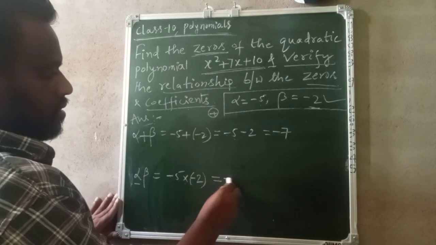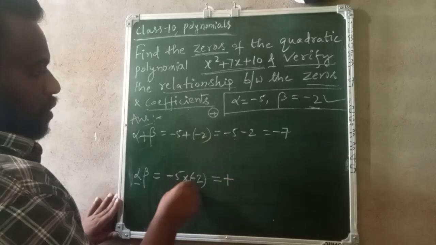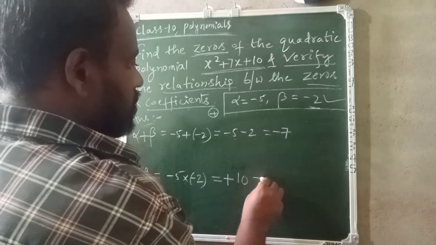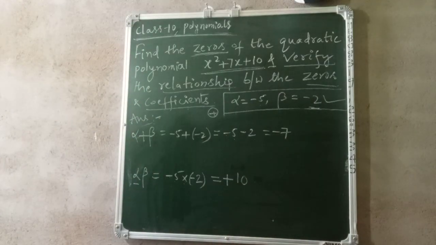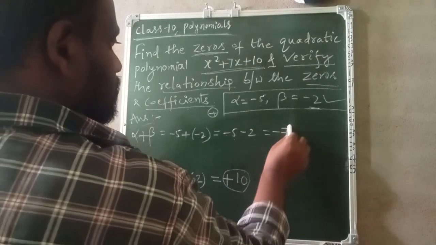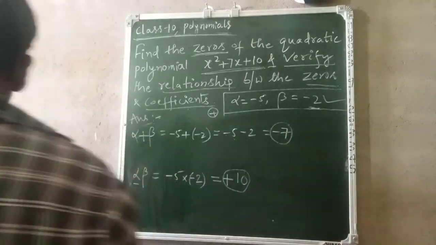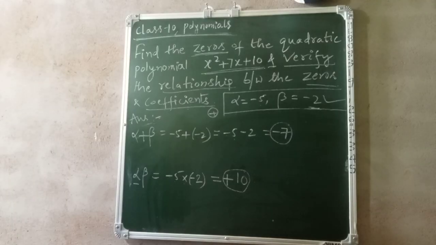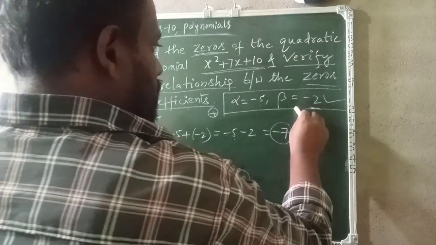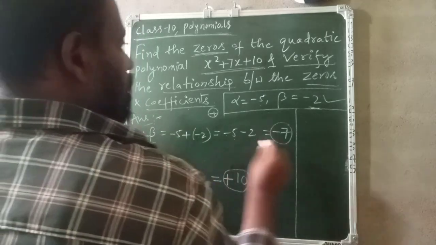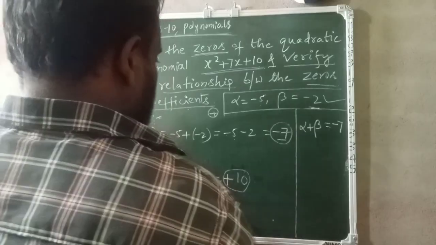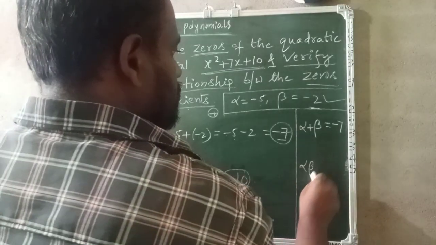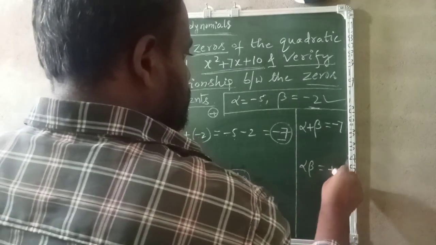Minus into minus plus, 5 into 2, 5 twos are 10. So we got this. I will write here whatever the answers I got. Alpha plus beta is equal to this, minus 7 we got. Next, alpha into beta, that is equal to, we got this, plus 10.